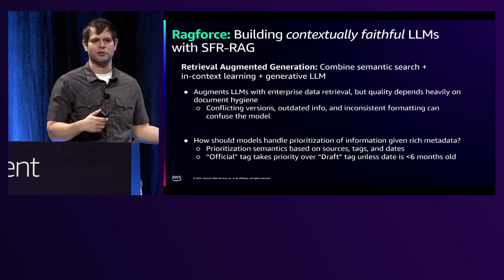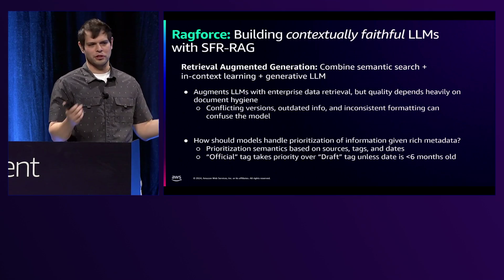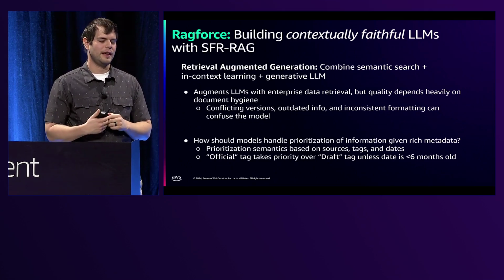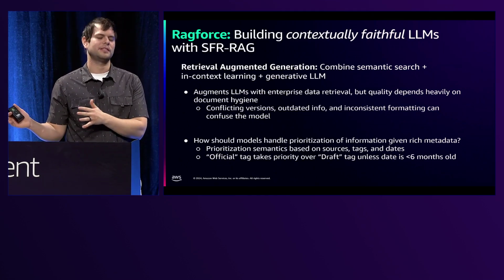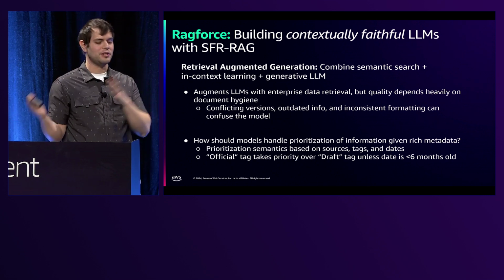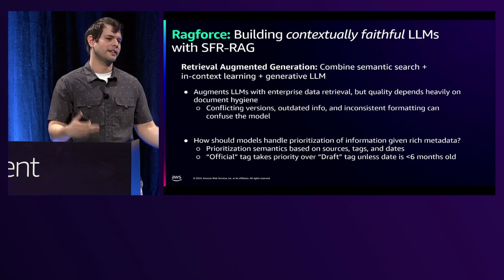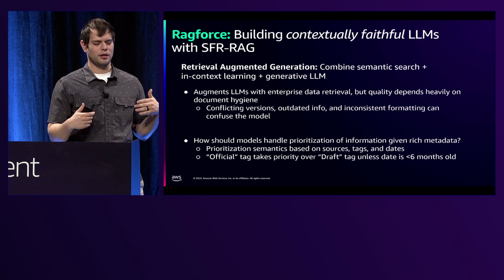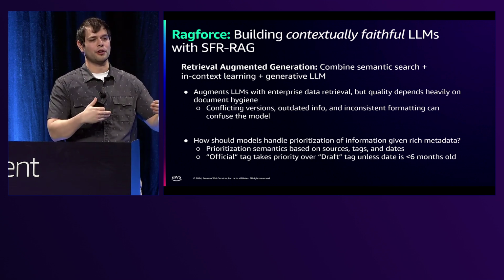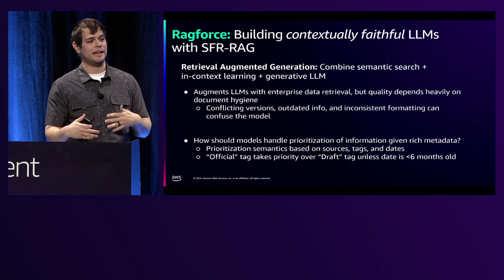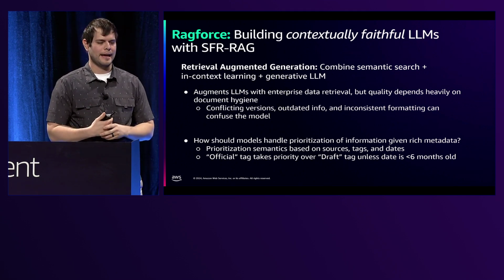It could be semantic retrieval, semantic search, could be keyword, could be hybrid search. And then you take those search results and you feed them into the context of your model. Then the model can apply what's called in-context learning to apply those articles to help it generate the right answer to the user query.